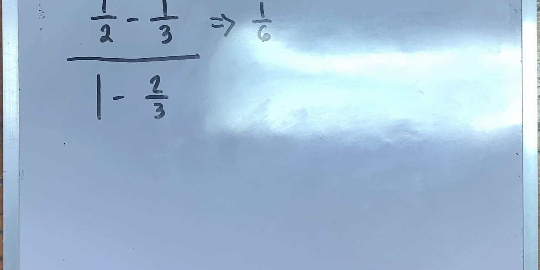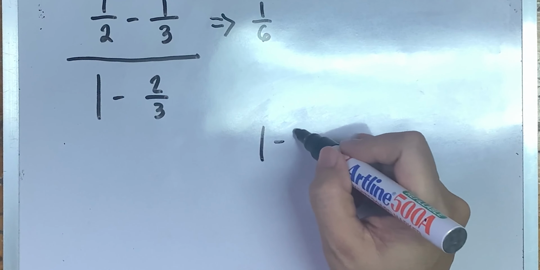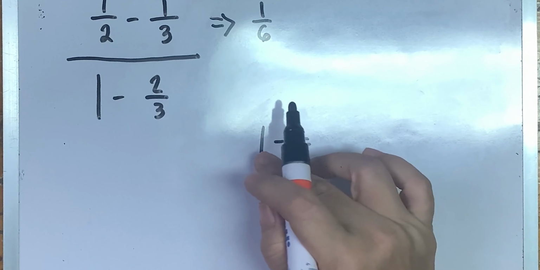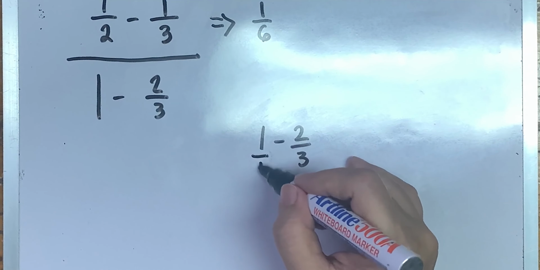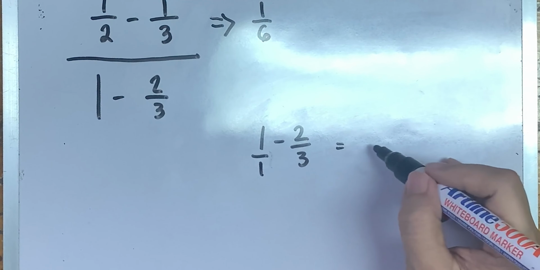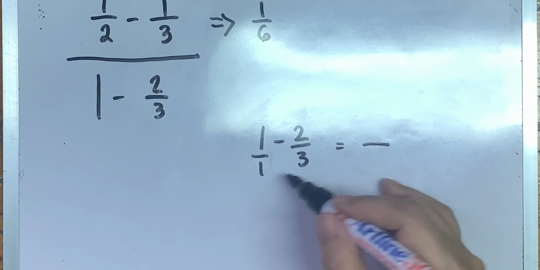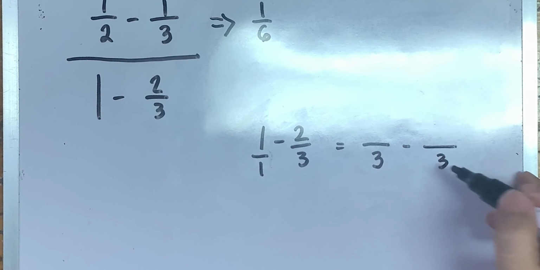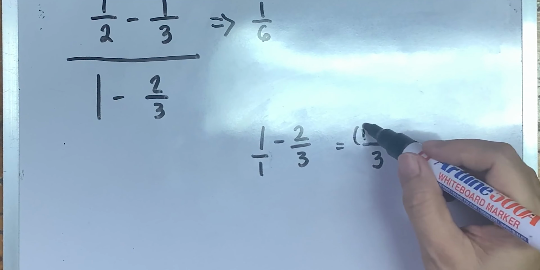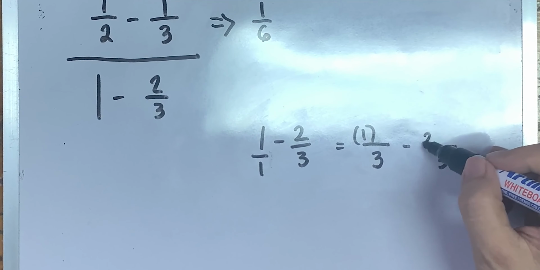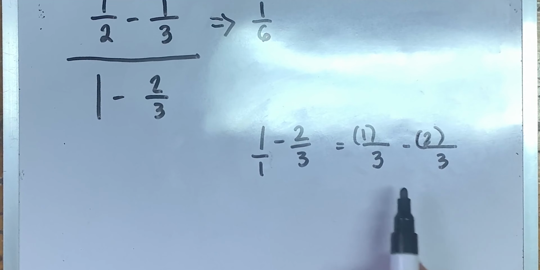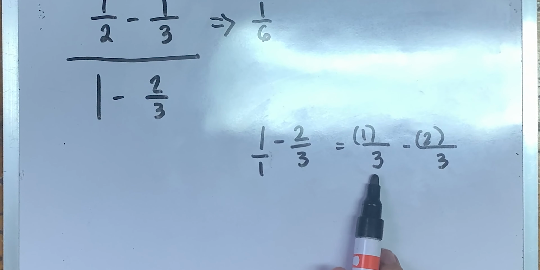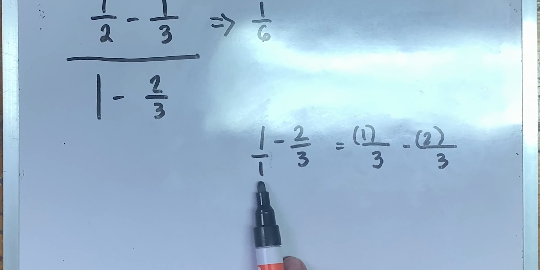Next, yung ating denominator, 1 minus 2 over 3. This one is a whole number, so 1 yung denominator niya. Kunin natin yung LCD. 1 times 3 is 3. Okay, so minus 3. And then sulat natin yung numerator sa bawat term. And then i-divide natin yung 3 divided by 1. Simply 3.